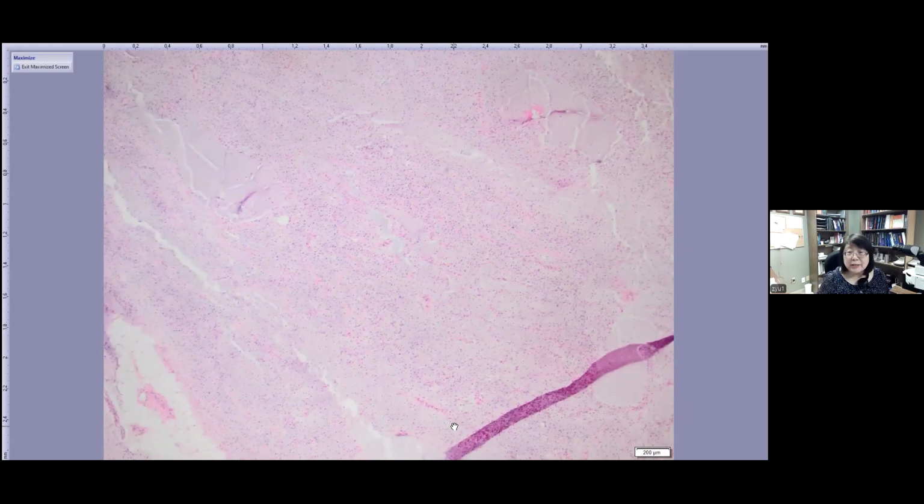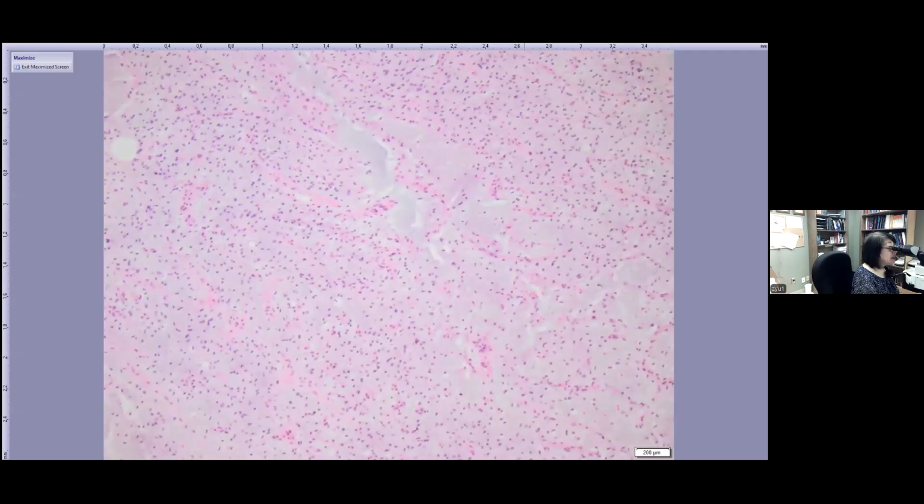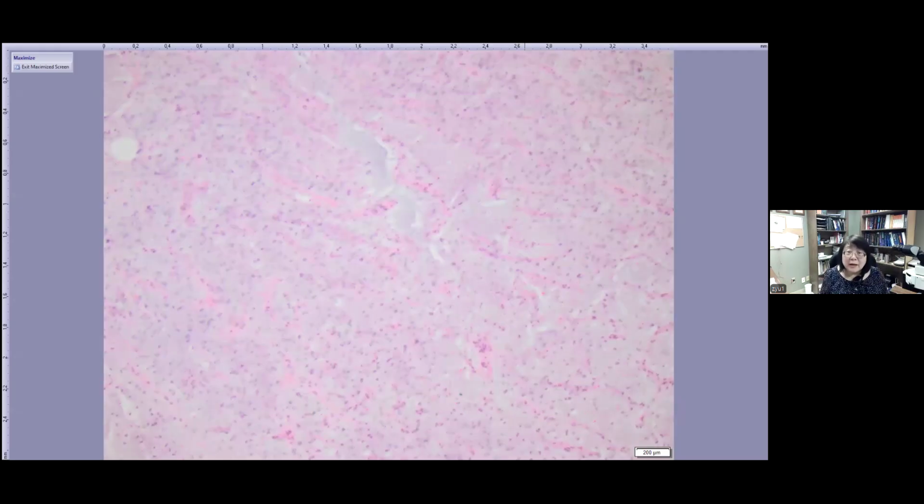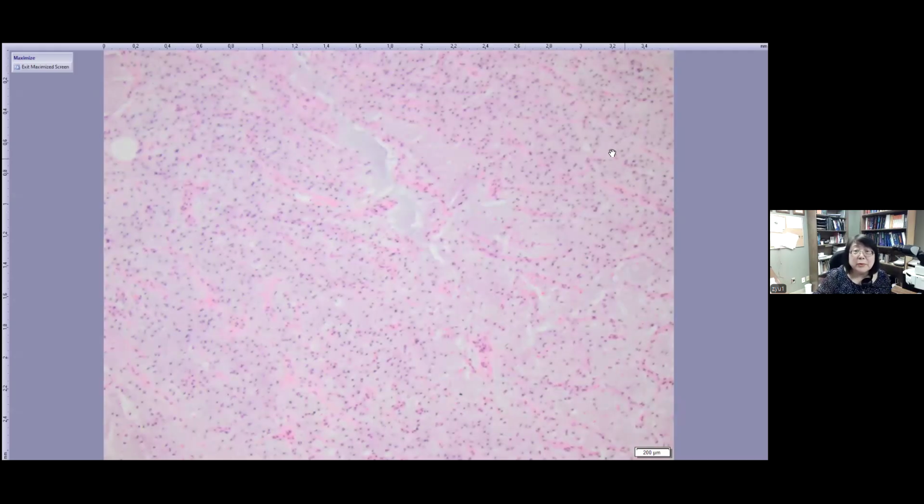That's the more characteristic area. In this area, not much adipose tissue, mainly fibrous tissue, mucin pool, and some vessels here. Same area, it's mucin, and there are so many vessels.